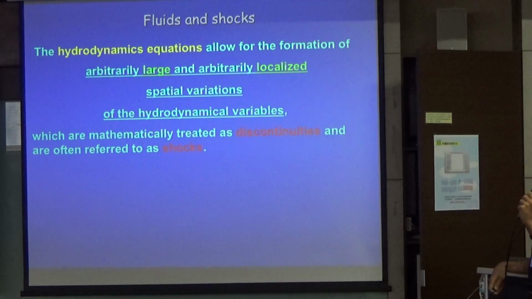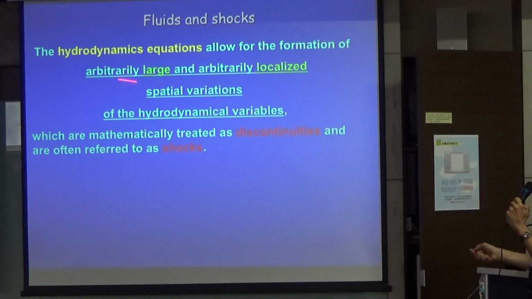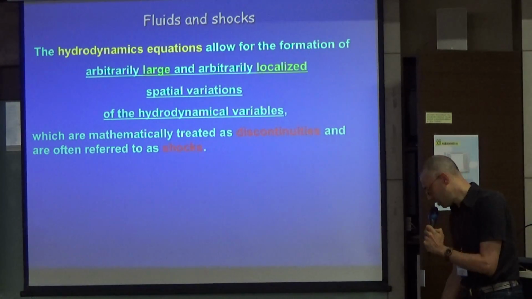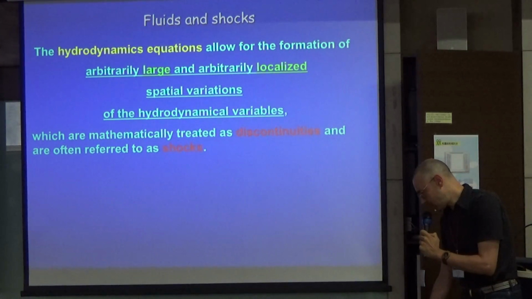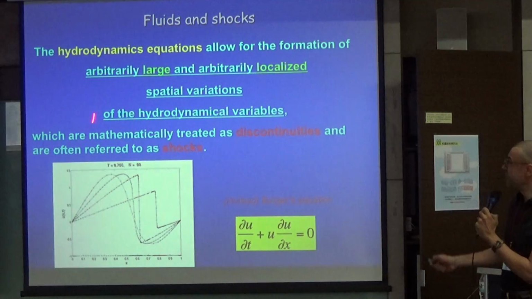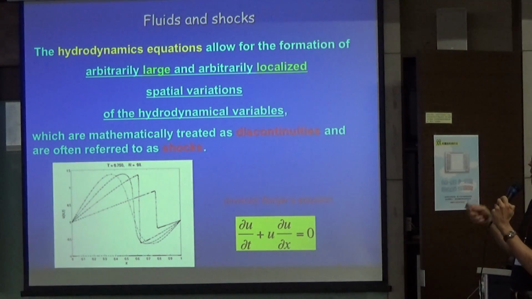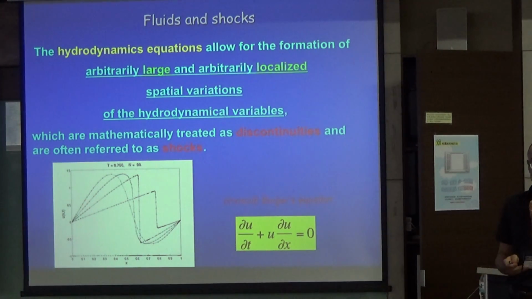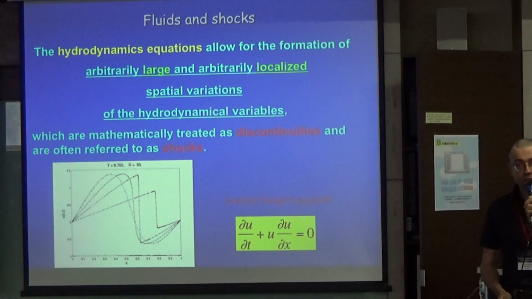We often treat that as a mathematical discontinuity, even if physically it's probably not. Matter is continuous, but these gradients are large and the spatial extension is so small that we can treat them as a discontinuity, and we call them shocks. These are shocks. And hydrodynamics equations allow for the formation of shocks even from smooth initial data.